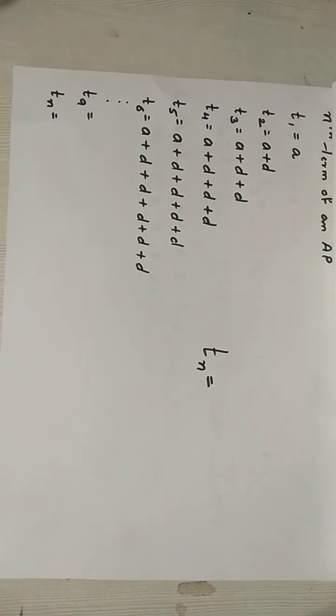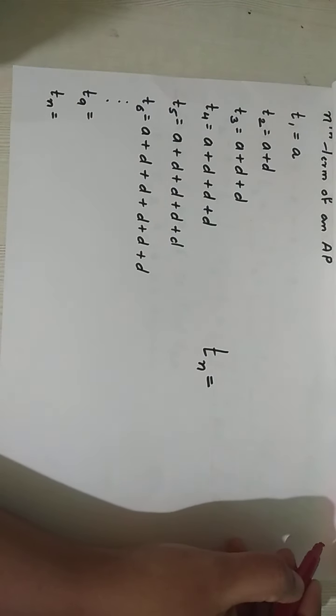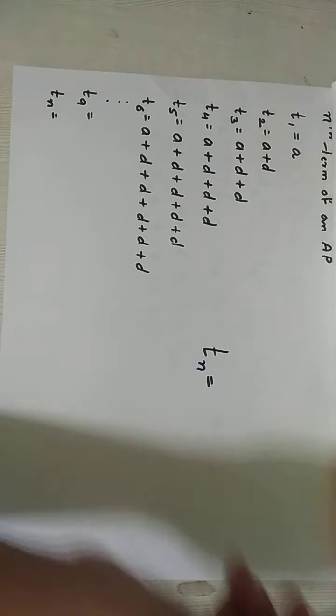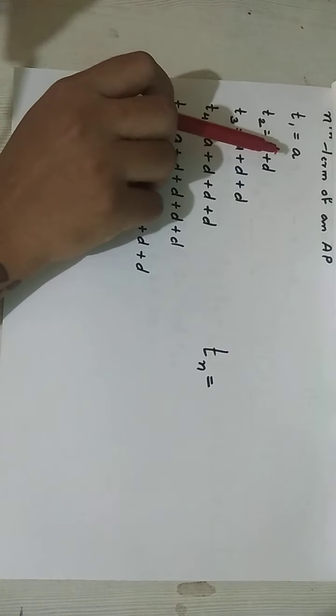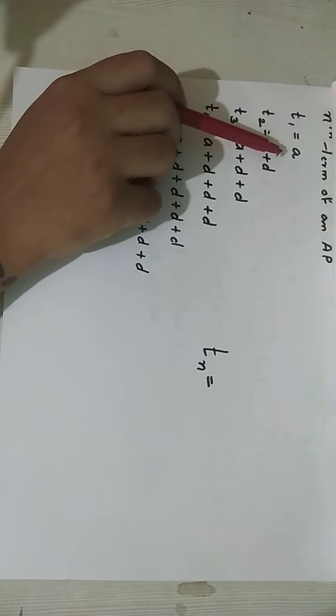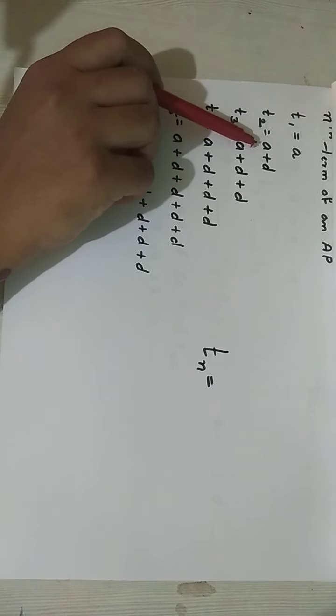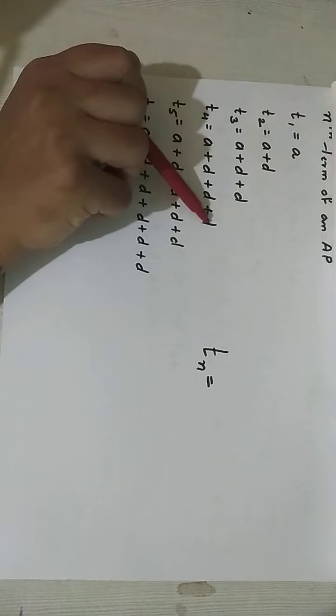any number term in this AP. So if you remember, we have given T1, T2, T3, T4 as the names for the term. And T1 we gave a special name A. So the first term is A. The second term T2 you get by adding D every time.